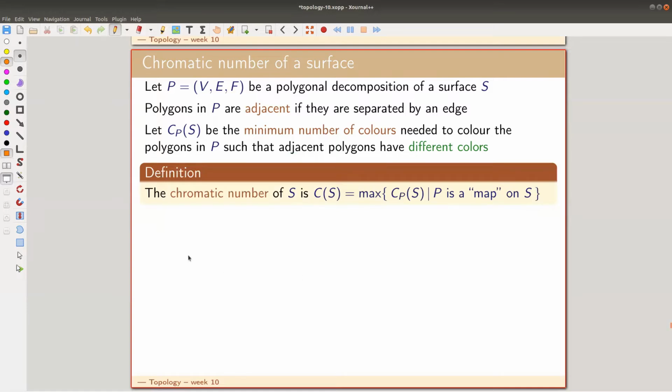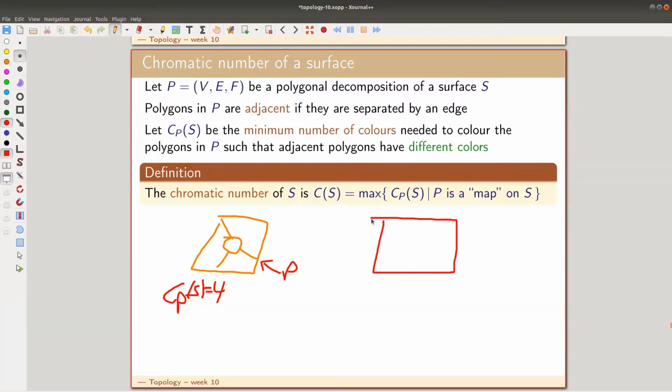Right, let me do an example again, maybe again for our world. So you can think of coloring a map. There was this example here of the map, which looked like this. And this needs, I will have more examples in a second, 4 colors. So if this is P, the polygon decomposition, then CP of the surface would be 4. But I could also have such a polygon decomposition, and CP of the surface would just be 2.